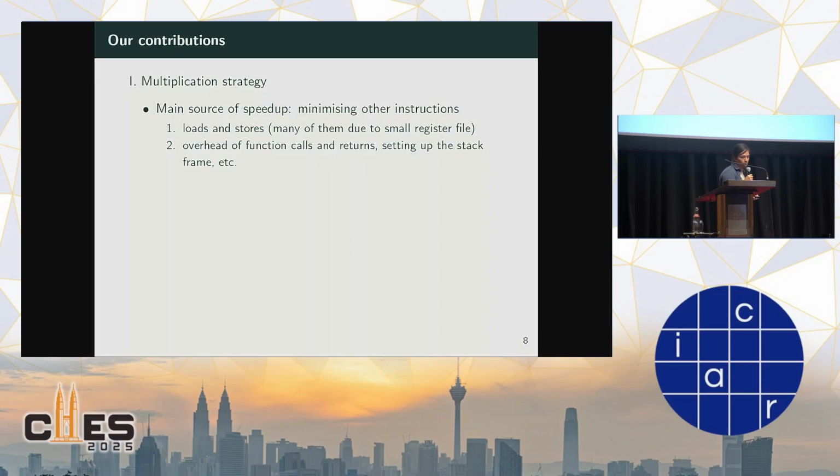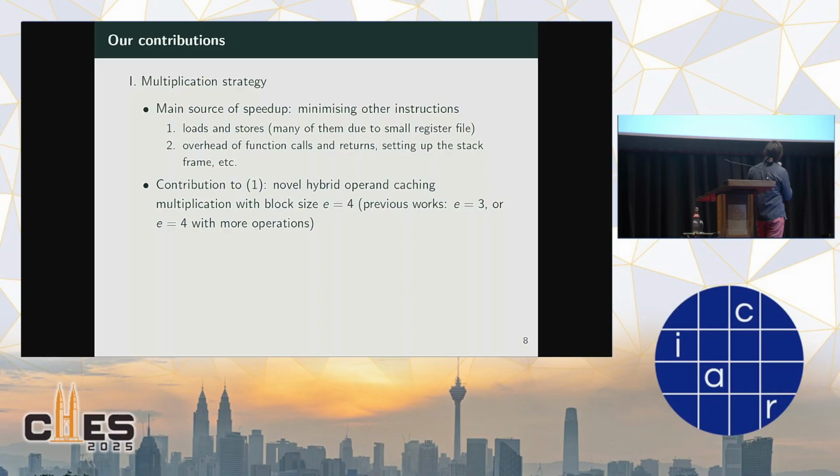Now, when it comes to the first part, the main contribution is that we propose a new hybrid operand caching multiplication. Previous work was able to use a block size of 3, and some others were able to use a block size of 4, but with this, the number of operations increased.